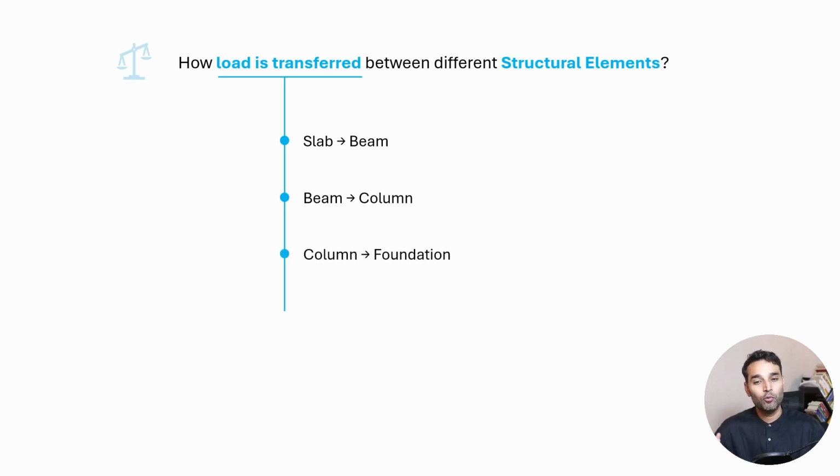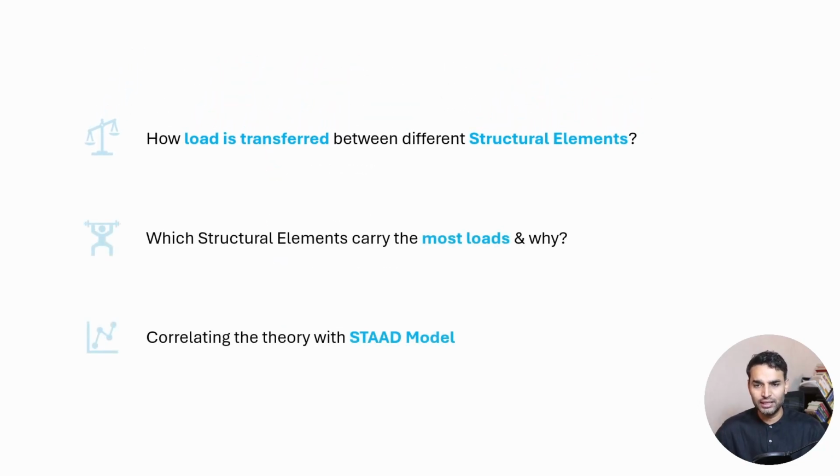From there on, whatever load is on the column is going to be transferred all the way down to the foundation, and from the foundation it is going to be transferred onto the earth. So these are the 3 things which we'll be talking about, and let's directly jump into a STAAD model to understand how all these things work.